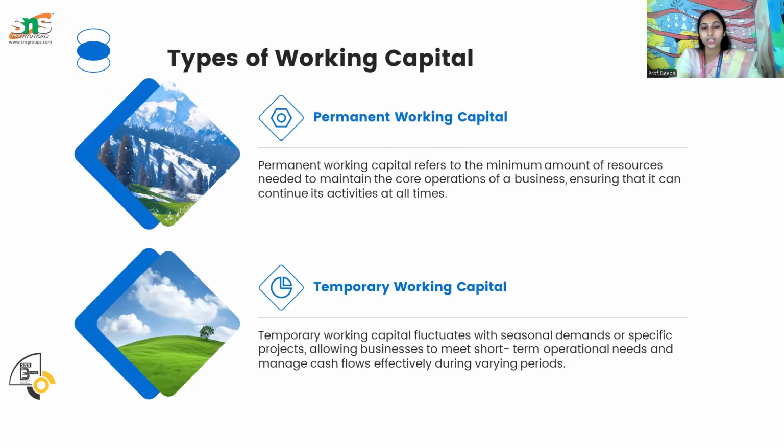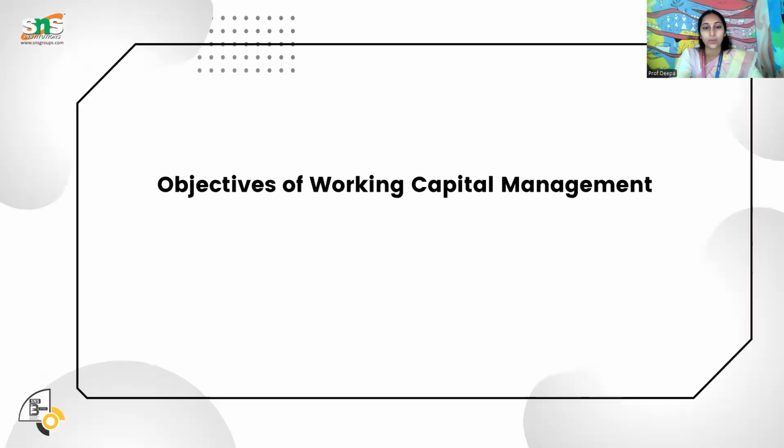And temporary is based on the company's fluctuations, that is seasonal demands. Based on that, the company may have certain short-term operational needs. So it differs from period to period, varying periods.